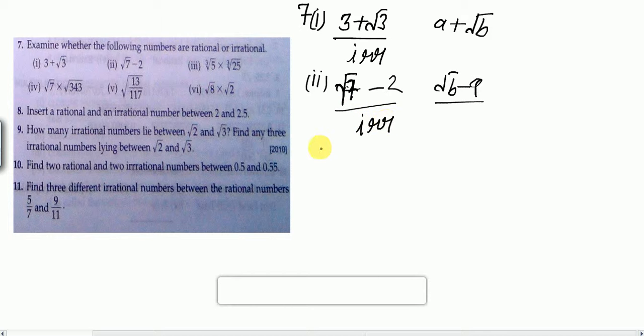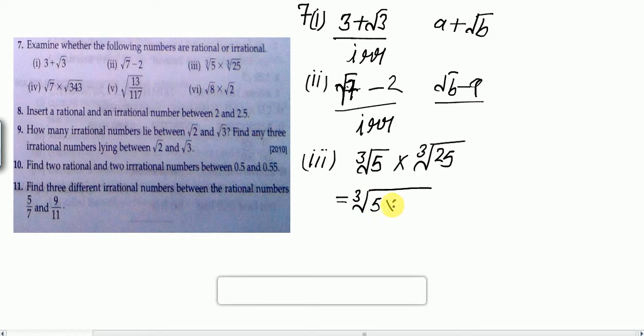And next, third, is cube root of 5 into cube root of 25. This can be written as cube root of 5 into 25, which is cube root of 3 into 5 into 25.